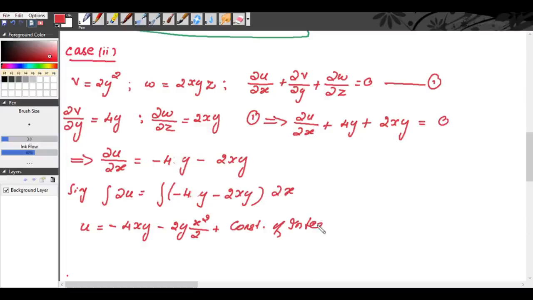Now we are integrating with respect to x, so this constant of integration will be a function of y and z. It cannot be a function of x.